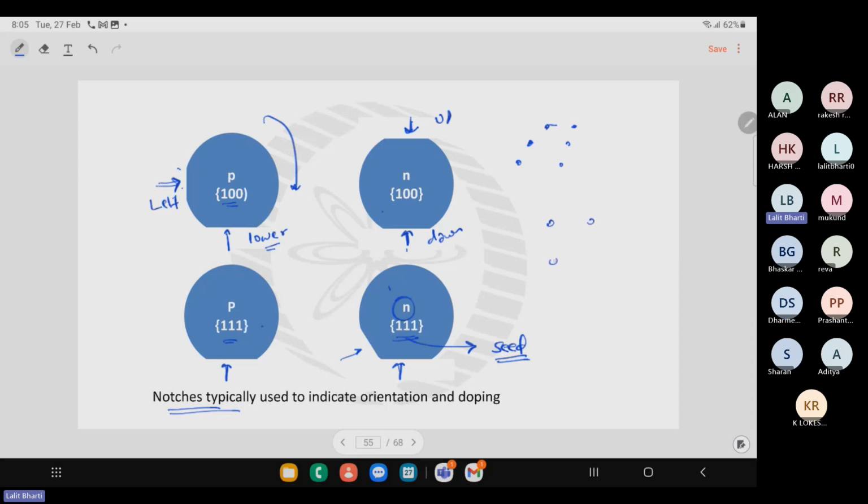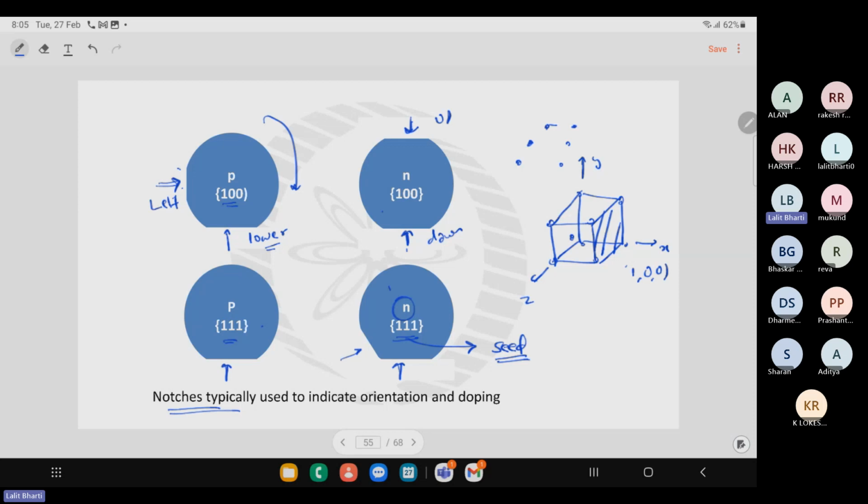Let's say this is your simple cubic crystal structure. If you have the origin here, and this is your x-axis, this is your y-axis, this is your z-axis, so at the x-axis 1, 0, 0.